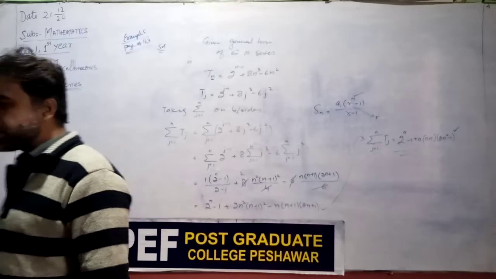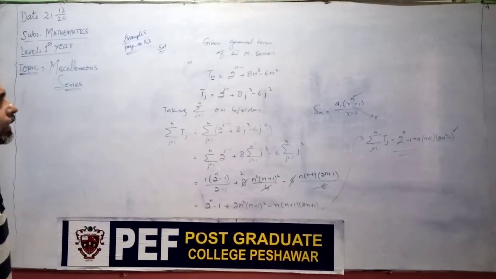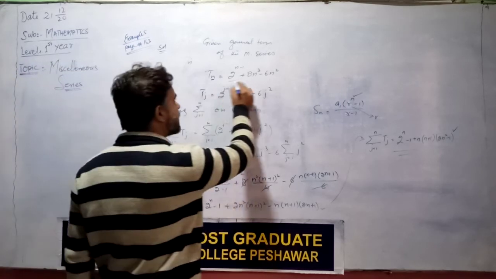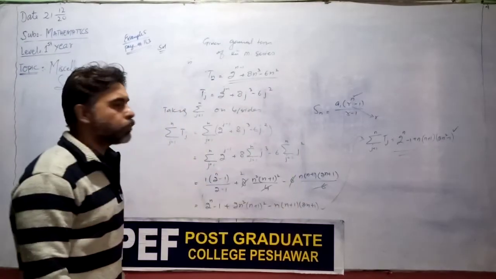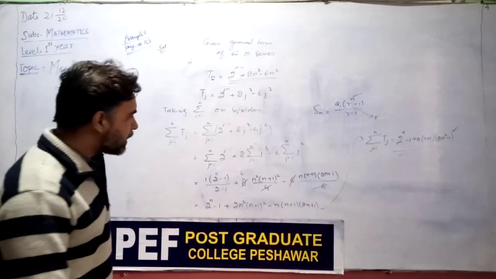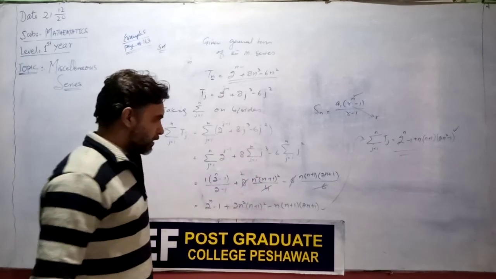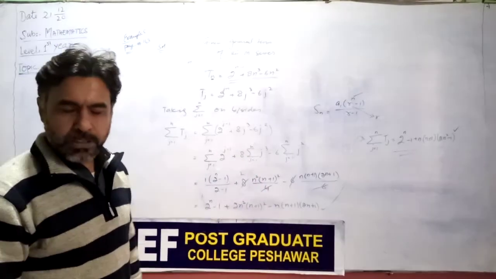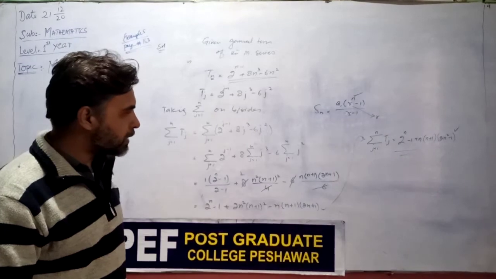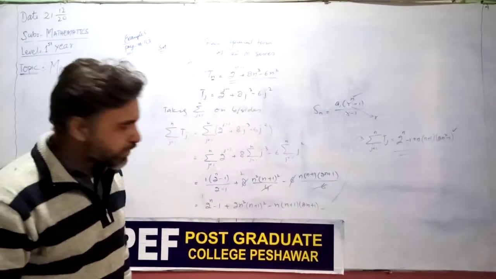You see that we were already given the nth term formula for this miscellaneous series, and we have just applied the summation, utilizing the geometric series summation formula, the summation of the cubes of the first n natural numbers, and the summation of the squares of the first n natural numbers.